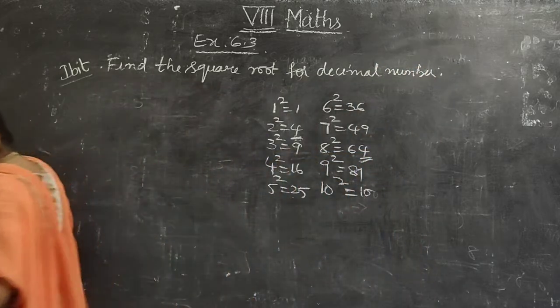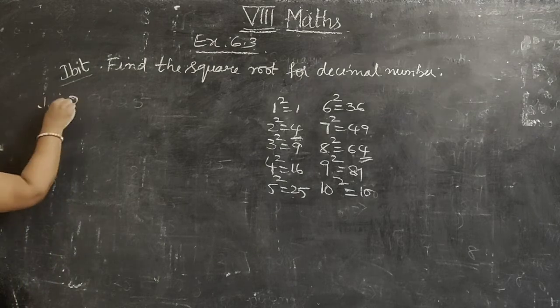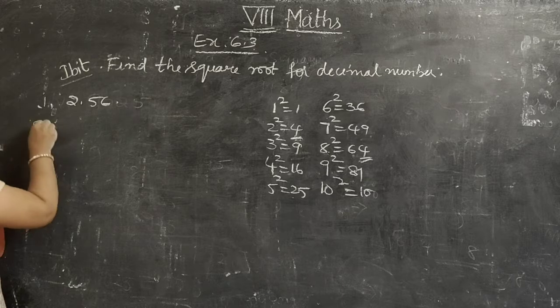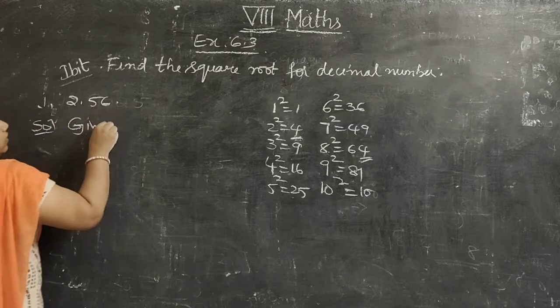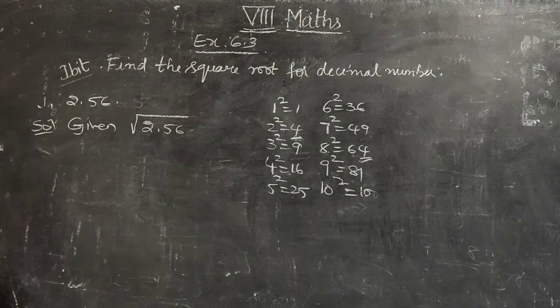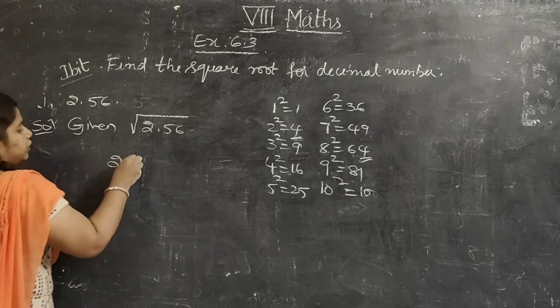The method is the same. So the first one is what? 2.56. What is the square root of 2.56? We have to find the square root of 2.56. I am using the division method here.